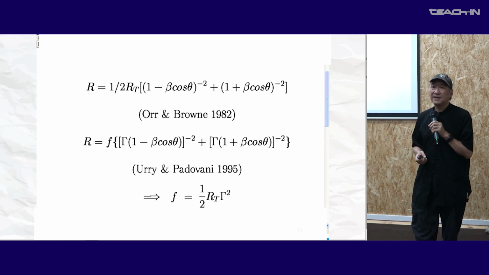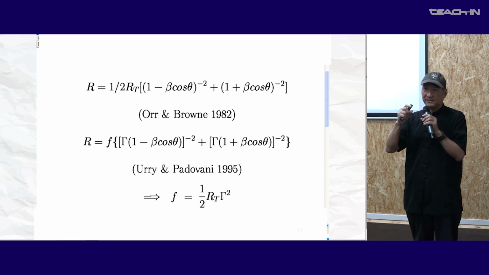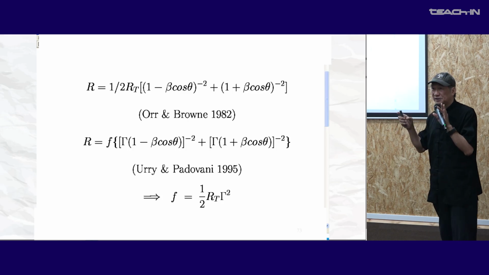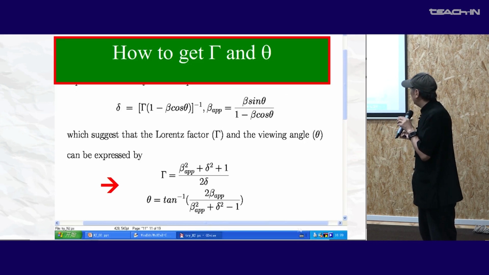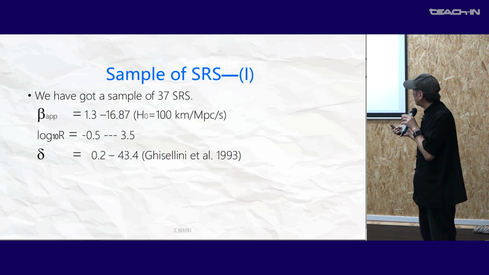We can consider a sample with the Doppler factor, the superluminal motion velocity, and the core dominance parameter, so we need samples with these three parameters. If we have the Doppler factor and the superluminal motion velocity, we can get theta, beta, and gamma. Then we can calculate F.